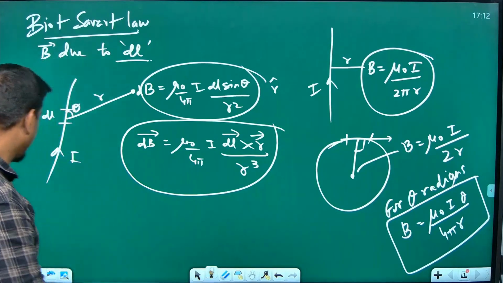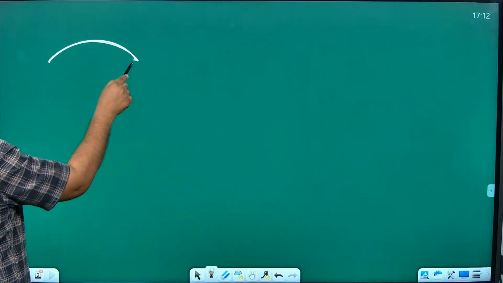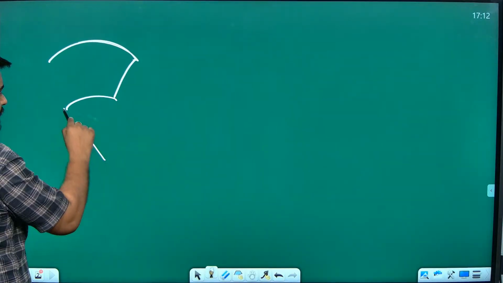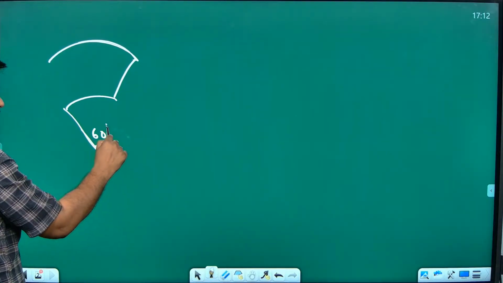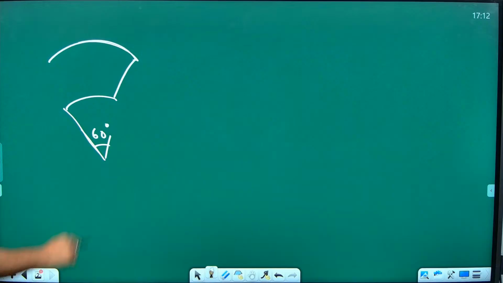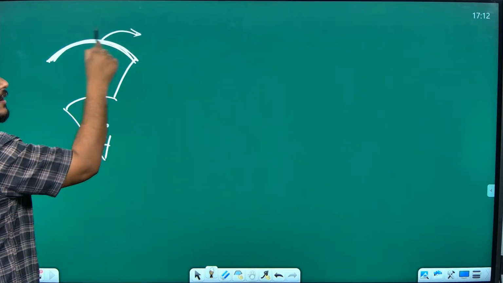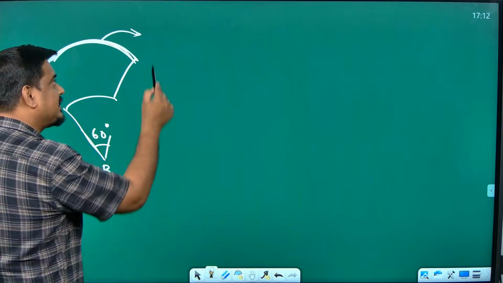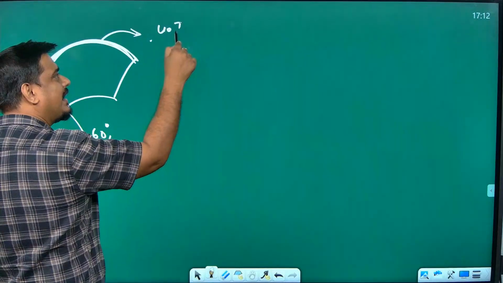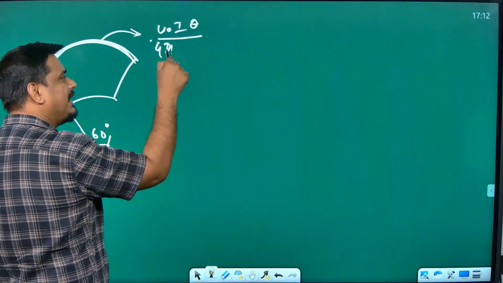For example, if you have a question where the angle is given as some 60 degrees. Now this part of the conductor, how much magnetic field produces at this point, let the point be B, is given by mu naught I theta by 4 pi r.